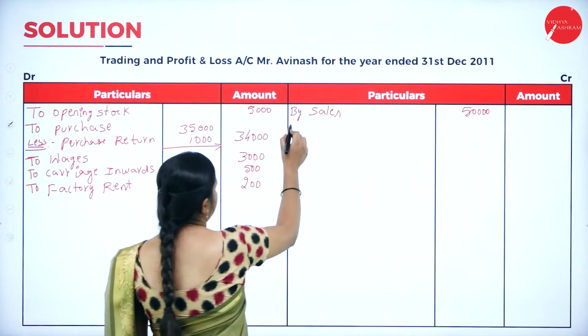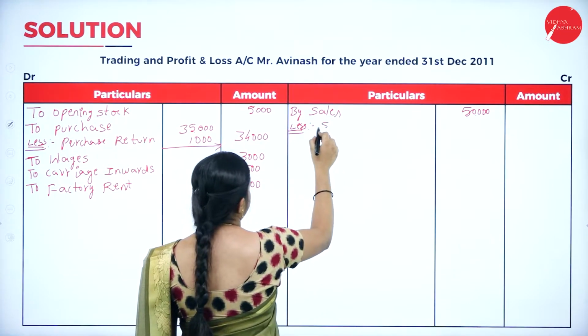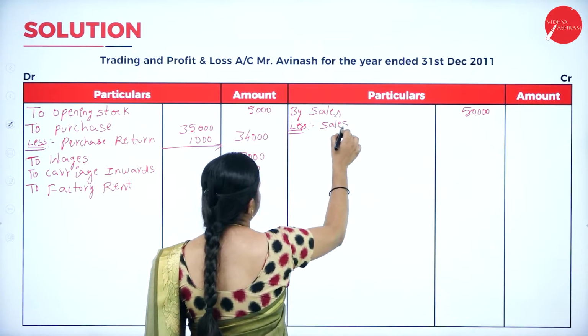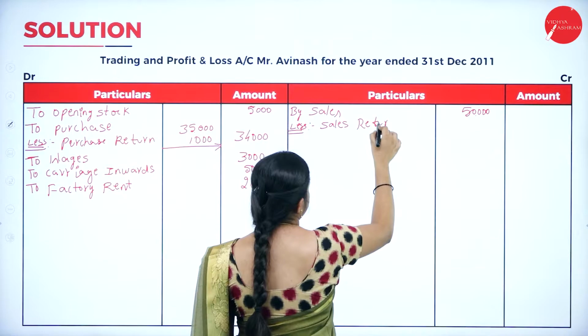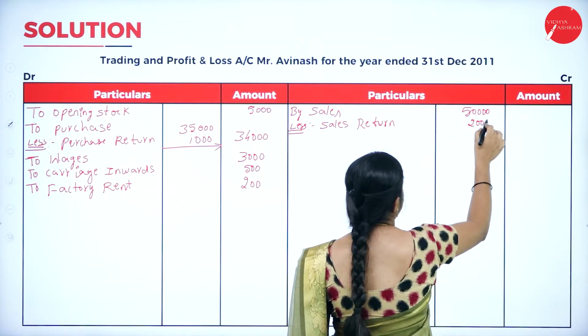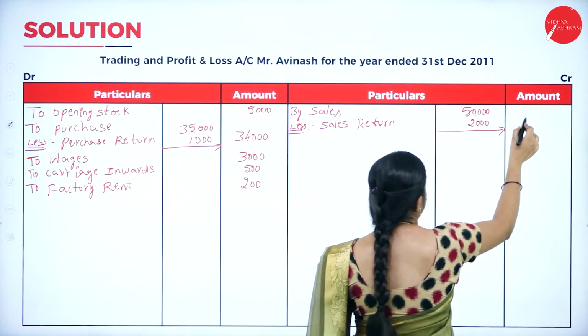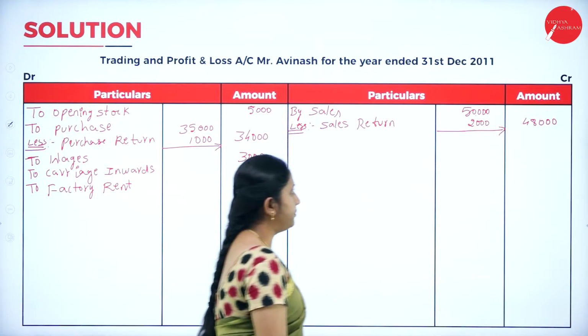Sales return 2,000 less sales return 2,000. 48,000. Write it in outer column.